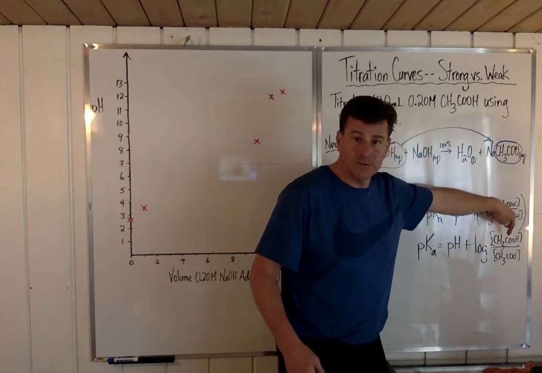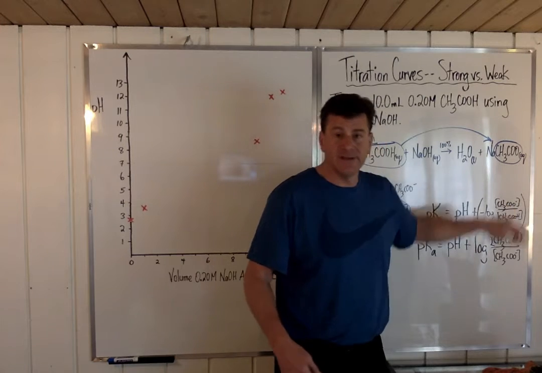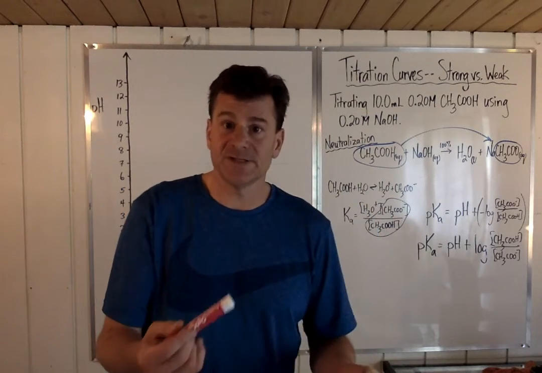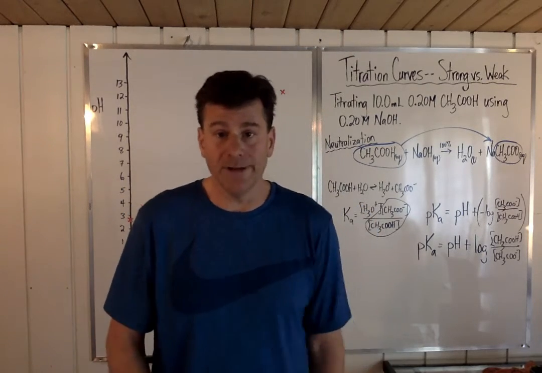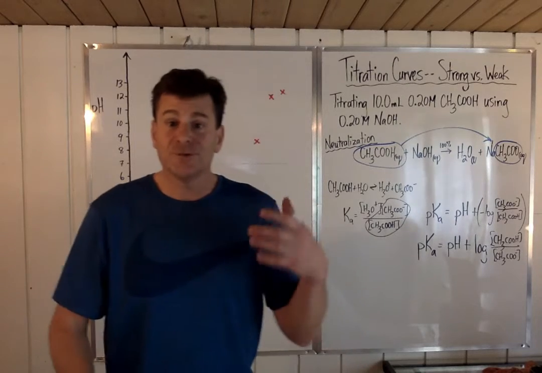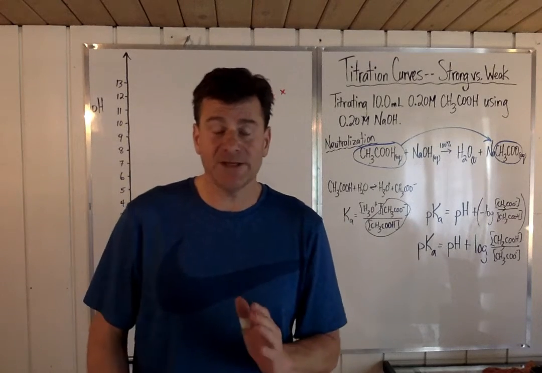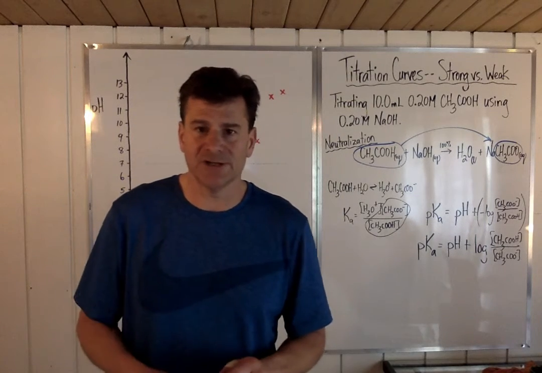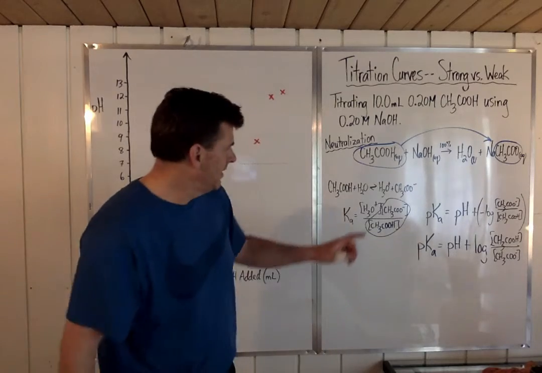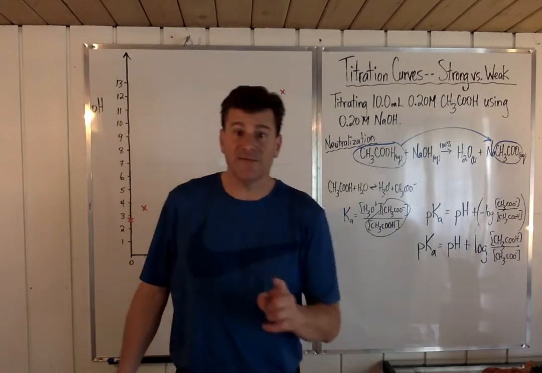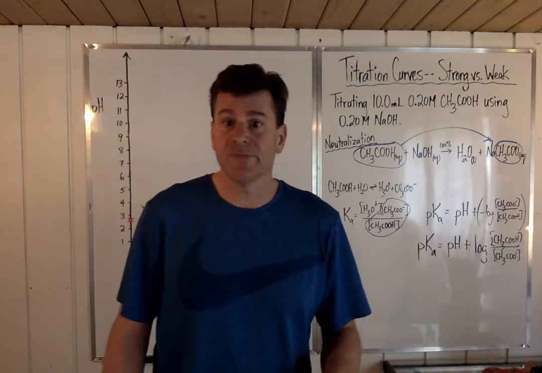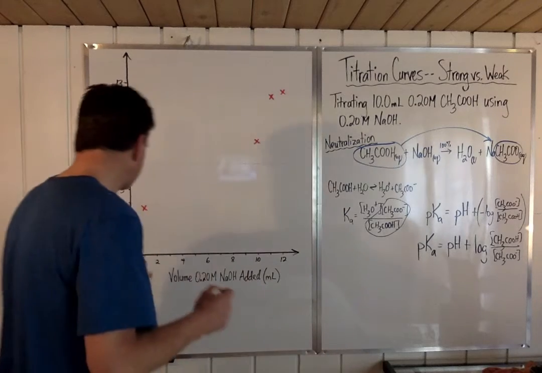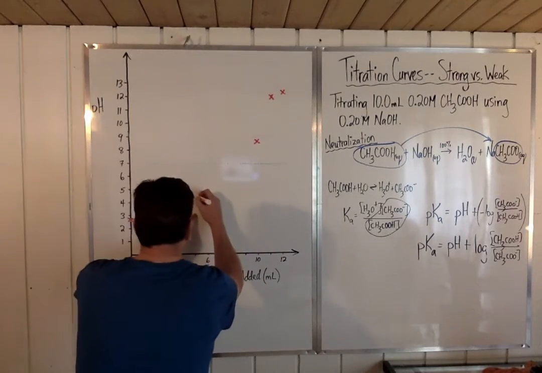The acid to base ratio in the Henderson-Hasselbalch equation is 1, because they're the same concentration. The log of 1 is 0. Which means that when you get halfway to equivalence of a strong-weak titration, the pKa of the acid will equal the pH of the solution. Kind of an interesting thing. That pH for this is 4.74. So at 5 milliliters, it's 4.74.